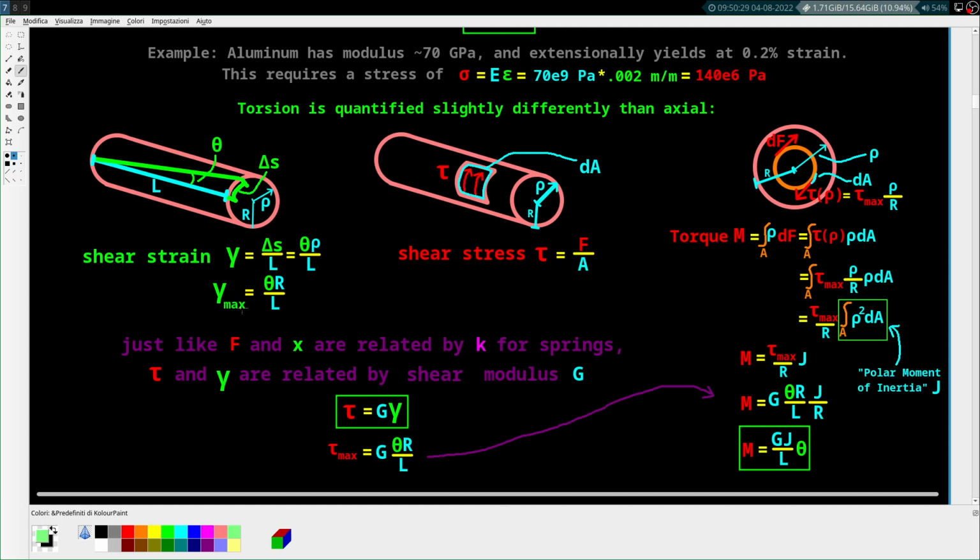So the max shear strain would just be theta, that's the rotation that you're applying, times the full radius R, the maximum radius R, over the length of the member L. So just like F and X are related by K for springs, shear stress and shear strain are related by the shear modulus G. Same as above.